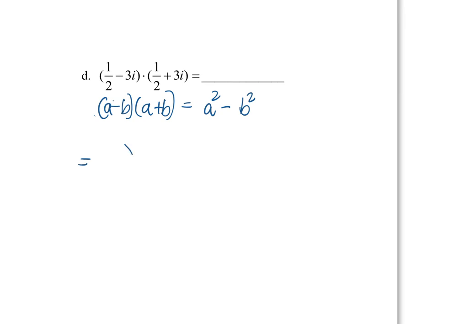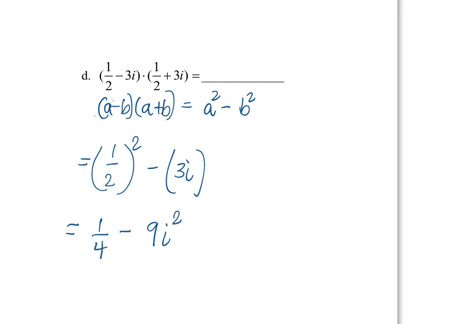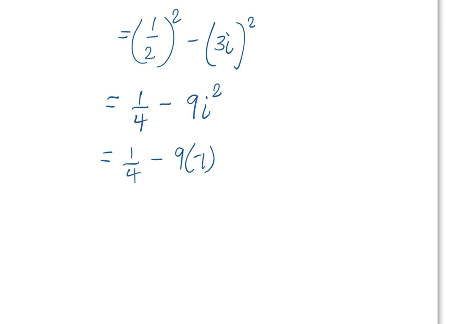Let's square the 1/2. And let's square the 3i. And we get 1/4 minus 9i squared, because you've got to square the 3i. And let's see, i squared is equal to negative 1. So 1/4 minus negative 9 is like saying 1/4 plus 9.